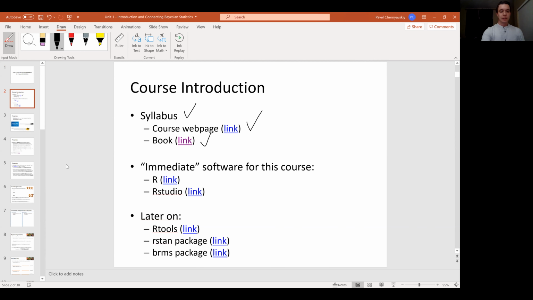So what I'm calling the immediate software for this course, R and RStudio, you need to install them together in order to follow along. R has recently put out its 4.0, and probably already something else. It's probably 4.0.1 or 4.0.4 already. My recommendation is that you go ahead and update your R as far as possible so that we don't have weird mismatches in code.